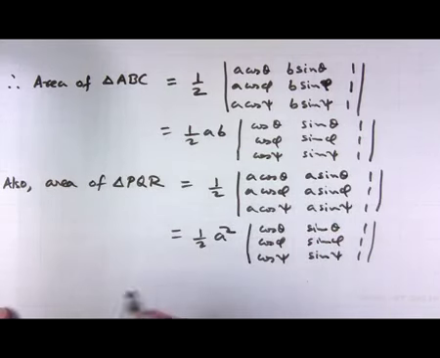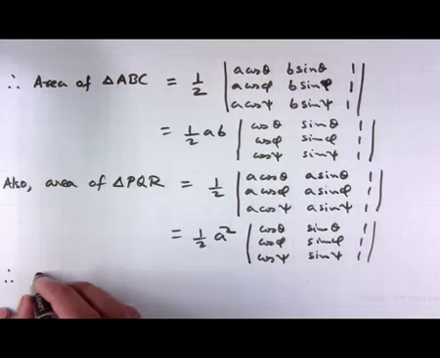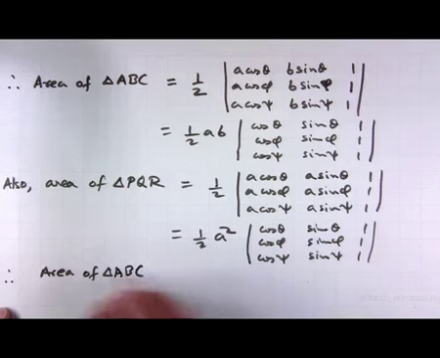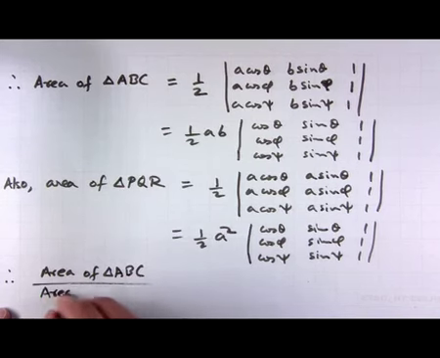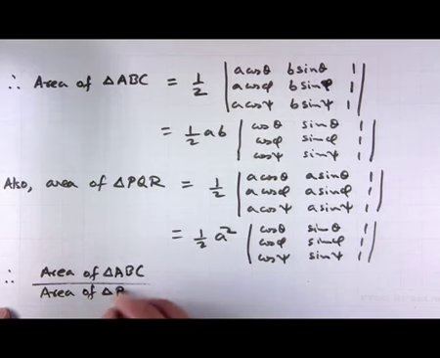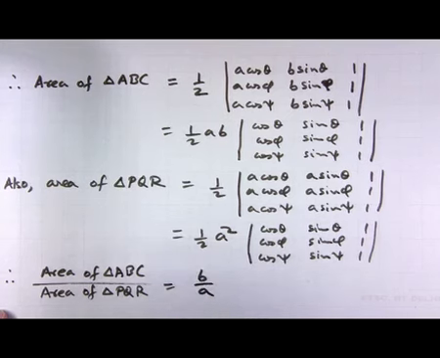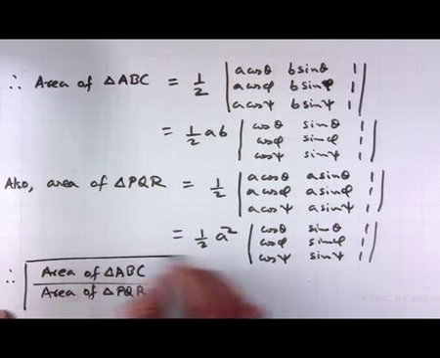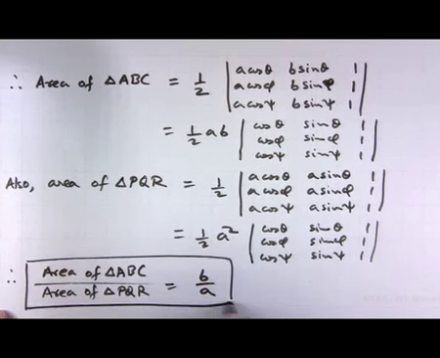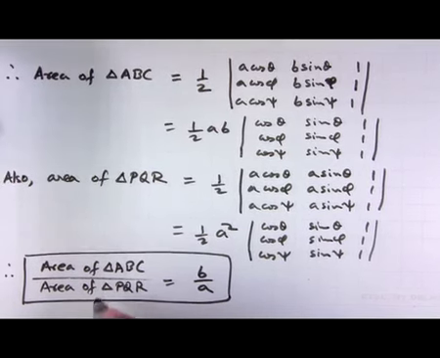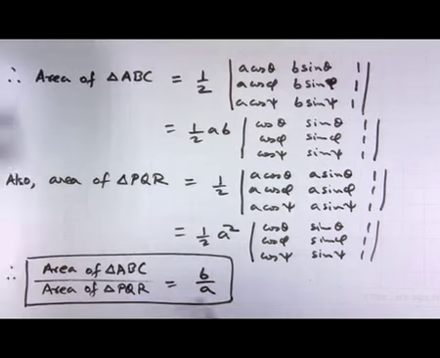So, what we see is that, therefore, area of triangle ABC by area of triangle PQR, if I divide these two, I get this ratio is B by A. So, we see that area of any triangle inscribed on the ellipse is of constant ratio B by A to the area of the corresponding triangle PQR on the auxiliary circle.